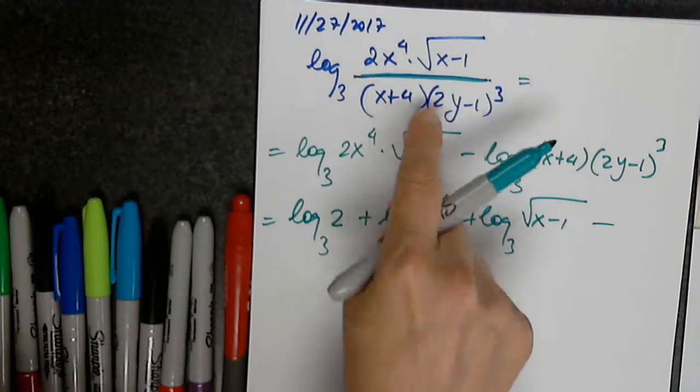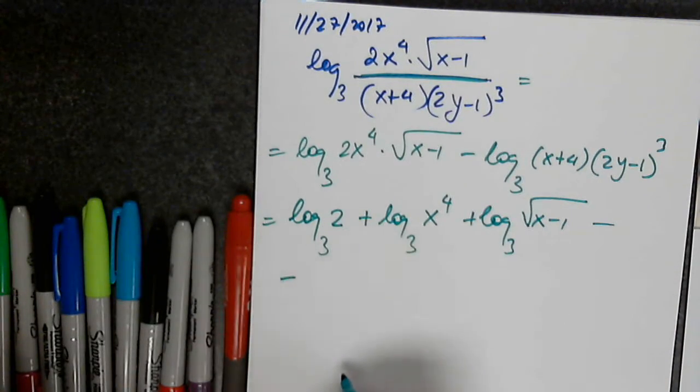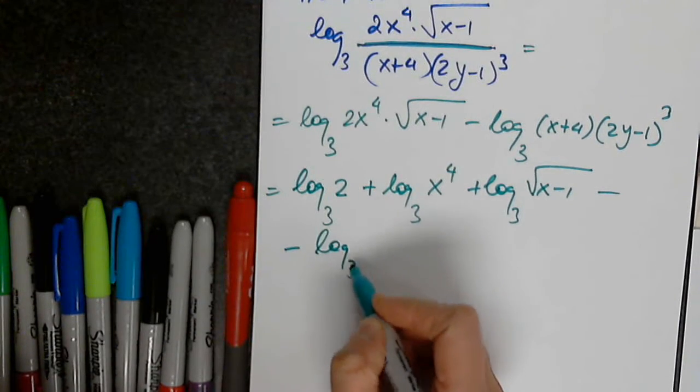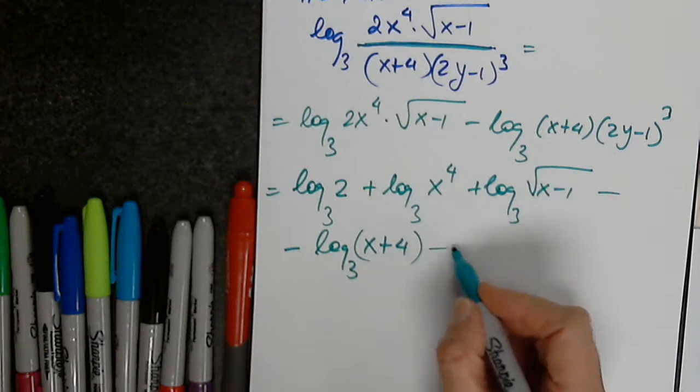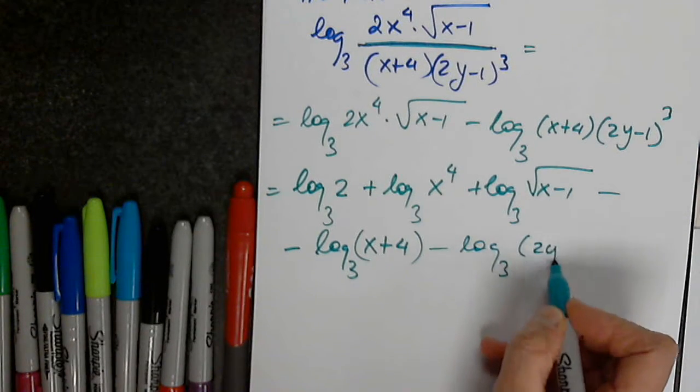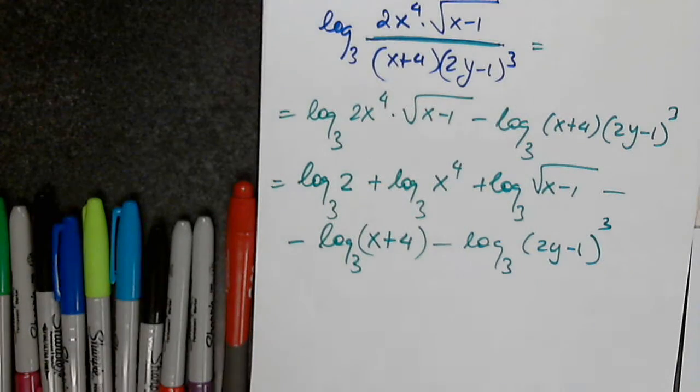They come from the denominator. I will have to distribute a negative sign. So log base 3 of x plus 4 is incorrectly written. This says only log base 3 of x plus 4. Remember, you have to use parentheses. And then minus log base 3 of 2y minus 1 to the 3rd.